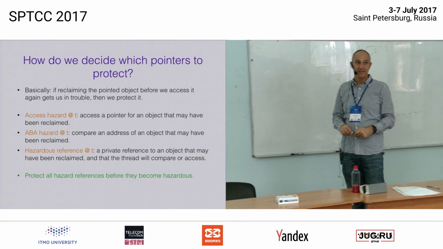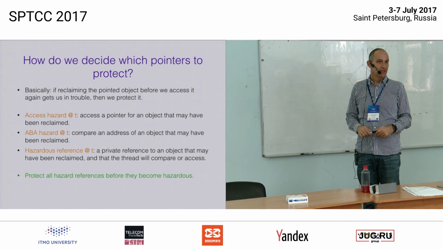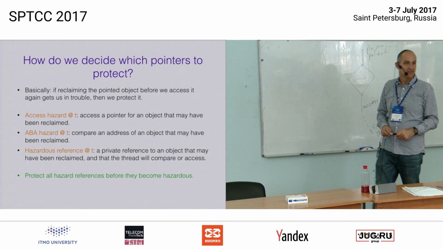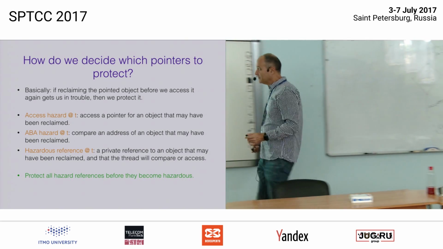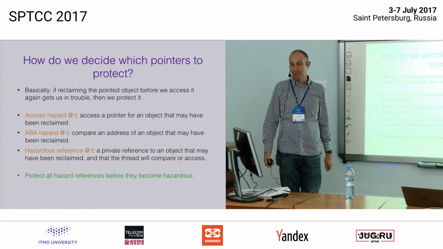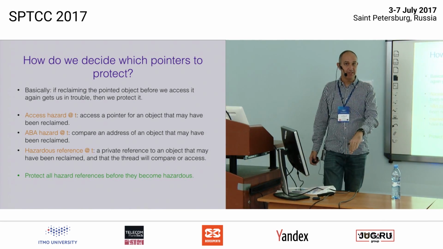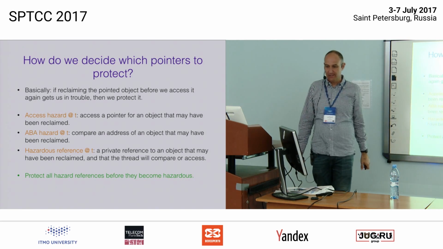But I think you're right that usually if you get a pointer and you're going to use it for a good purpose, you will need to protect it. Yes. Okay. So this is how to decide which pointers to protect, and rightfully, most times you get a pointer into the data structure, you will need to protect it.